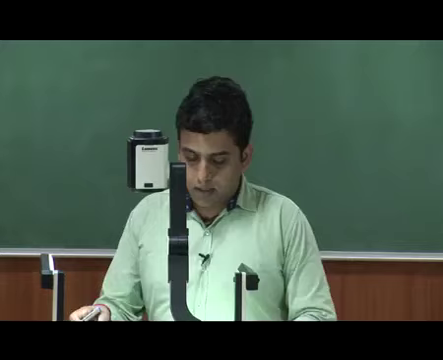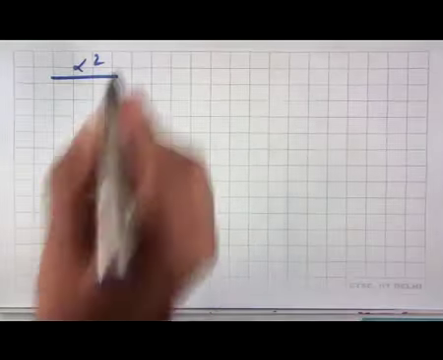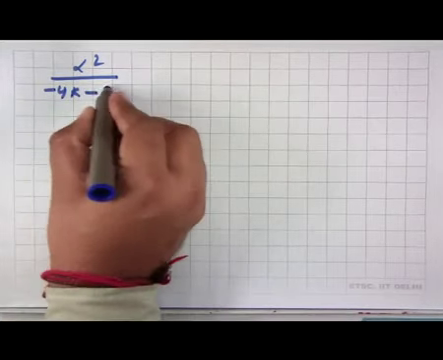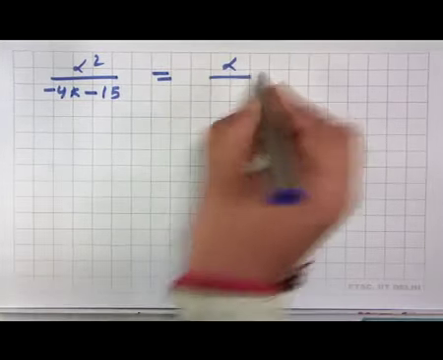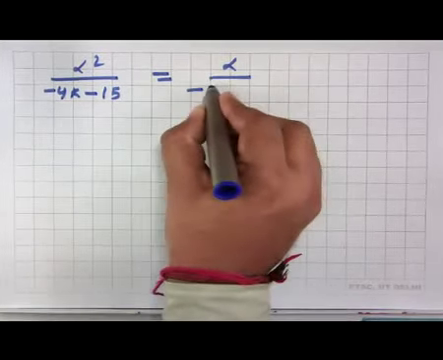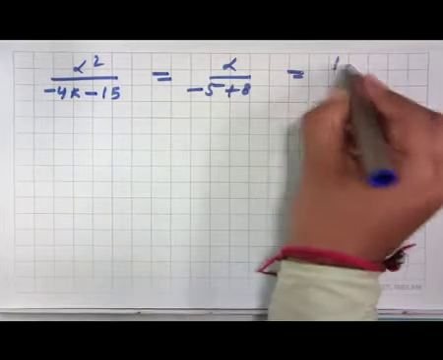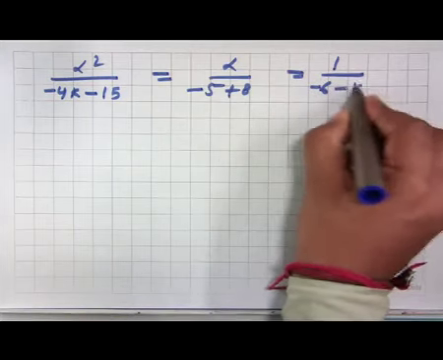Now alpha square over minus 4k minus 15 equal alpha over minus 5 plus 8 and 1 equals minus 6 minus k.